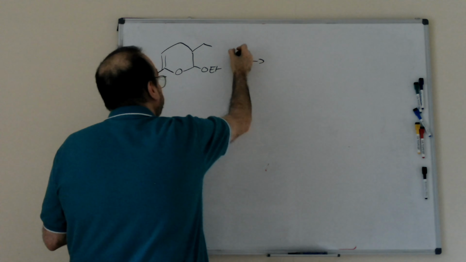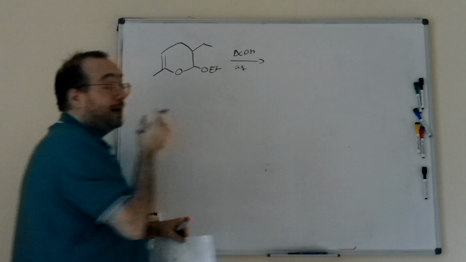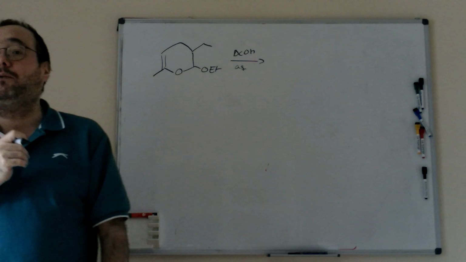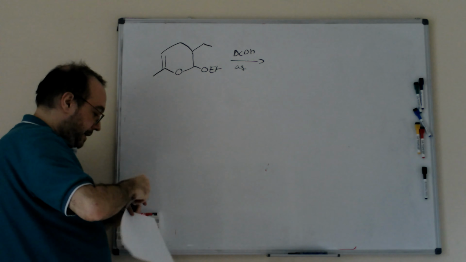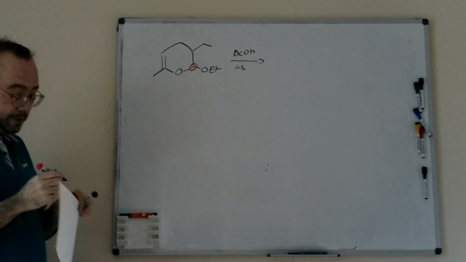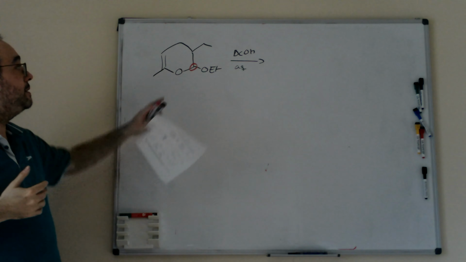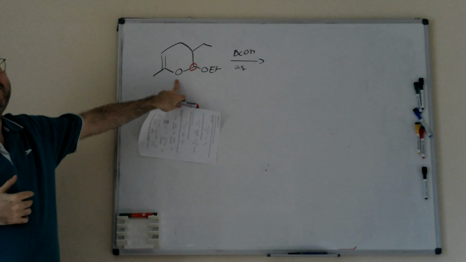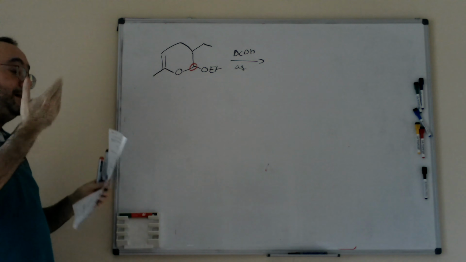And the first step is we add acetic acid, aqueous. And the most important part of this exercise is the aqueous. Why? This functional group here is basically an acetal. That means that what we are doing is breaking this acetal to get the ketone and the alcohol.